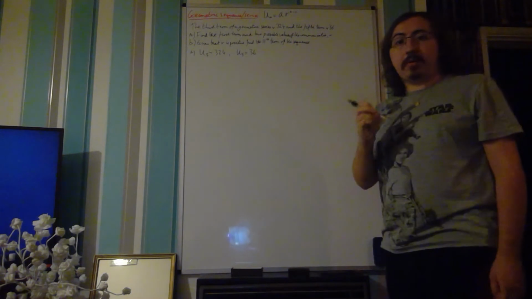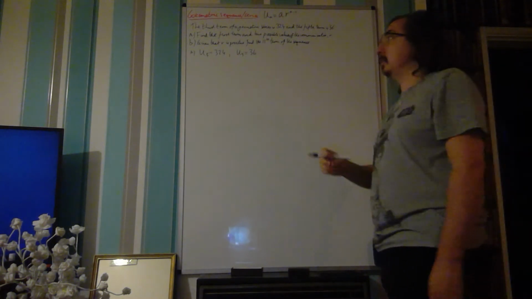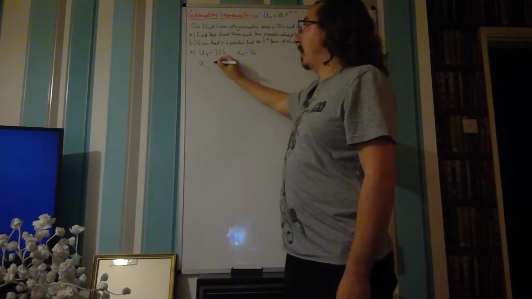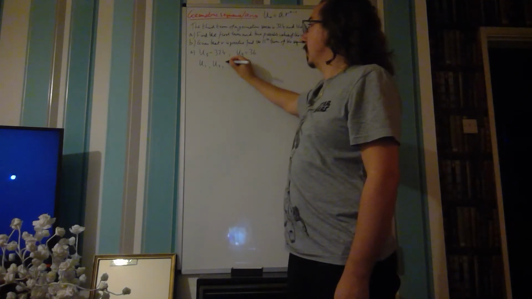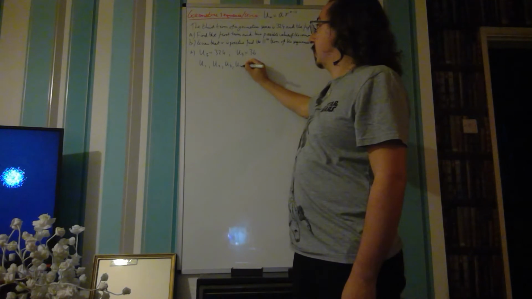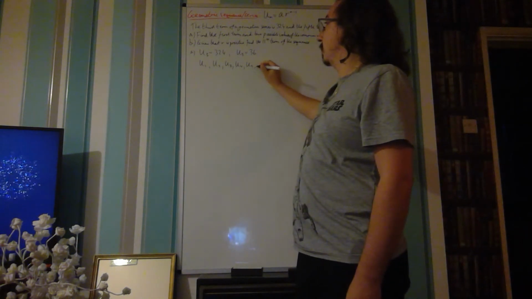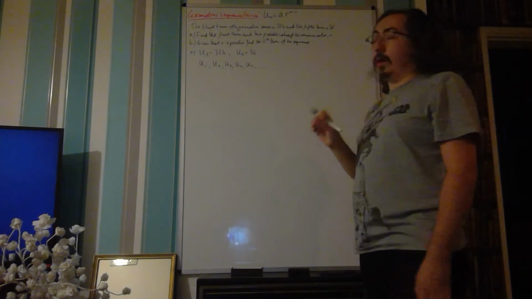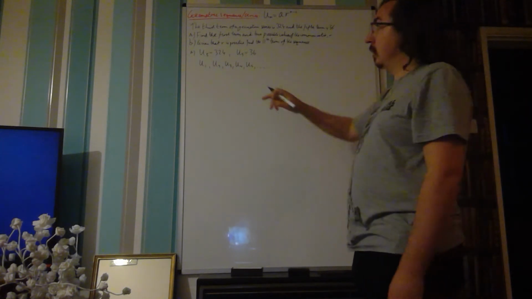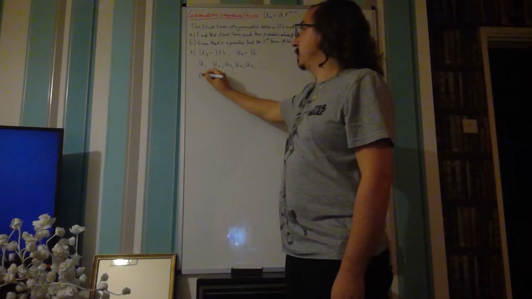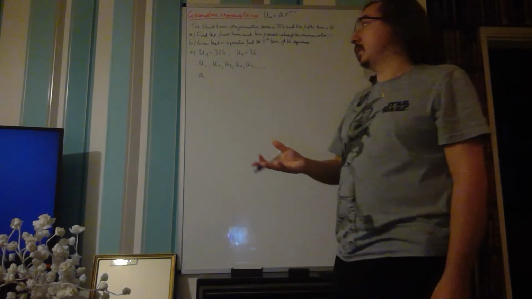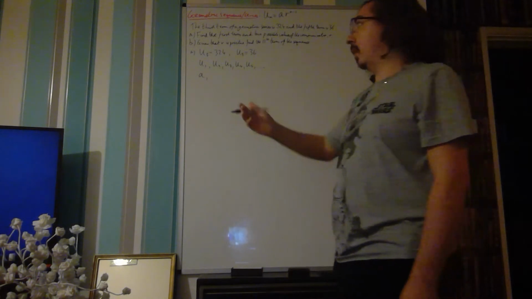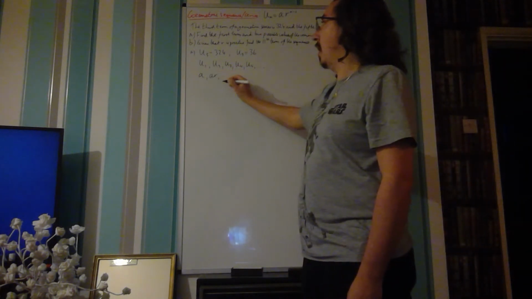Now, let's think about what this sequence actually means. Our sequence is built up with our first term, second term, third term, fourth term, fifth term, and so on. But what are our terms? Our first term is A. Our second term is A multiplied by R, so you've got AR.